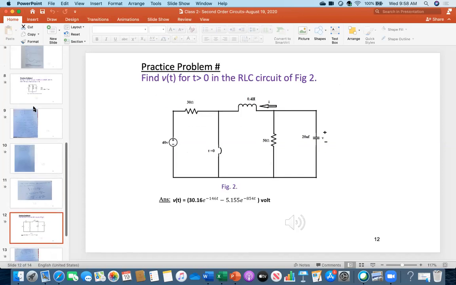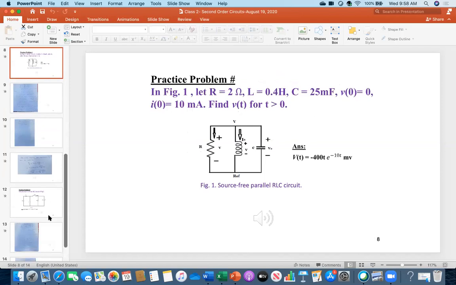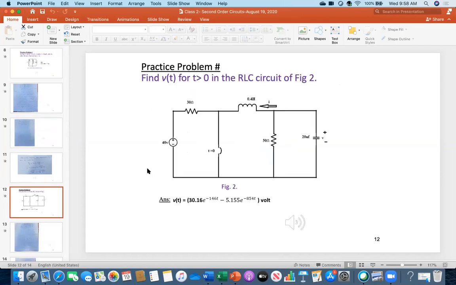If you compare with the first statement, V0 at 0 was given, I0 at 0 was 10. It was given. But here in this problem, that information is not available. But you have to find out those values. That is the thing.